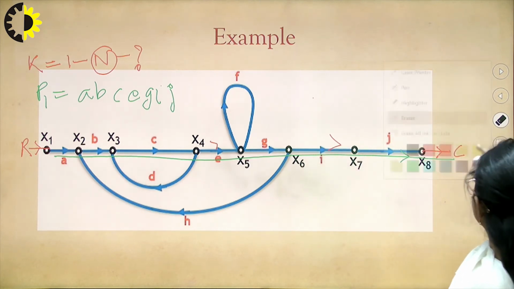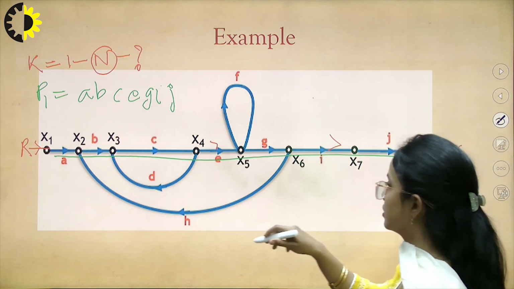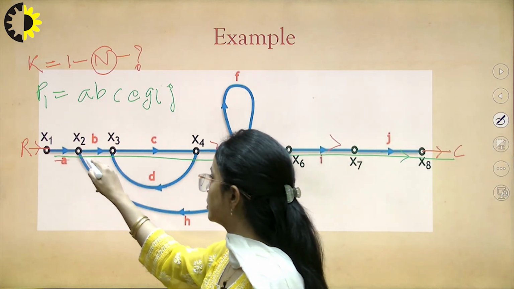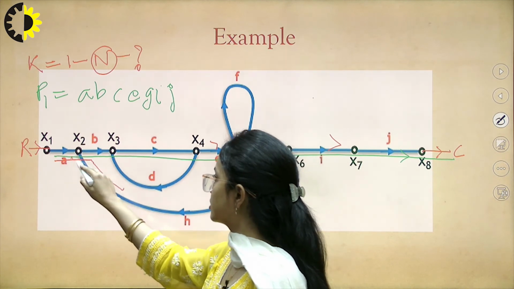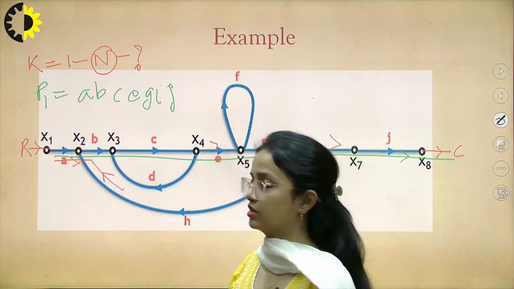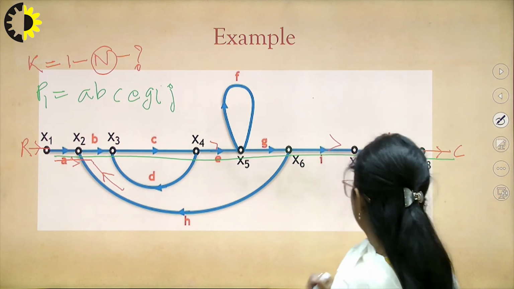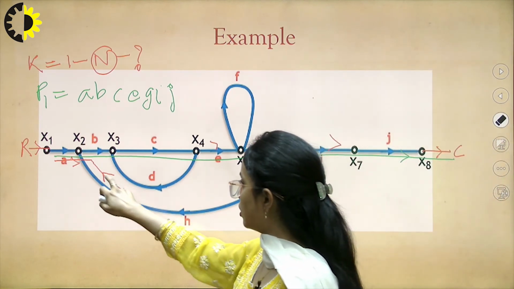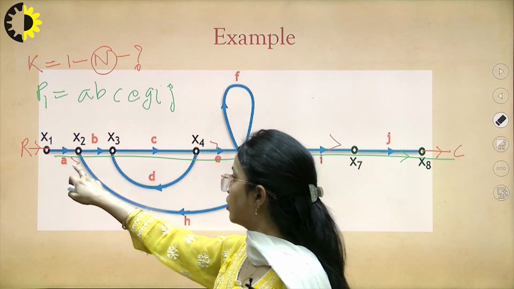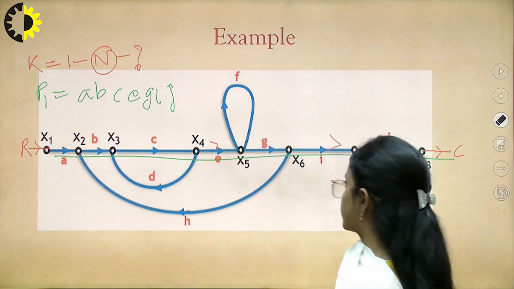Another, we can see, is there another path, like we start from here, we can go like this? No, because here the direction is like this, here the direction is like this, so we cannot go like that. So we don't have any other path here. So that's all in calculating number of paths.